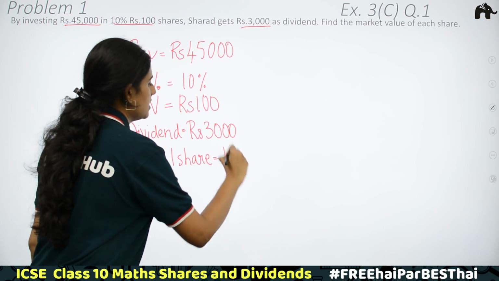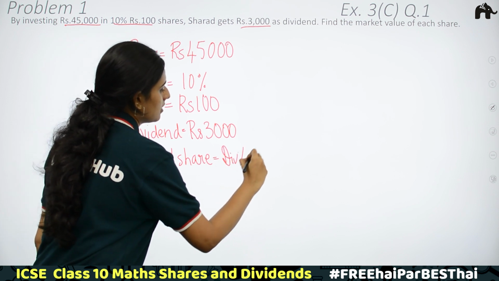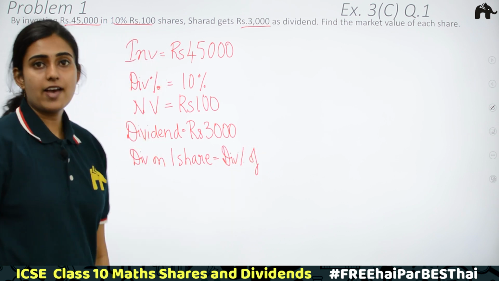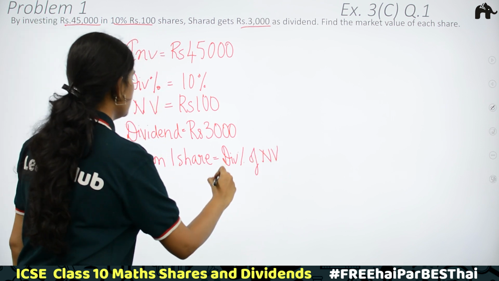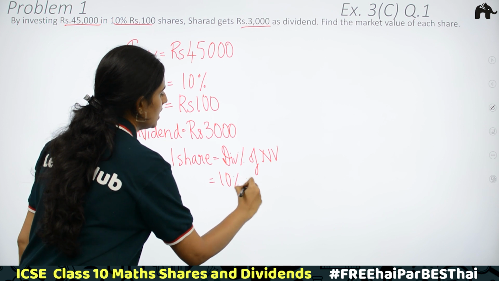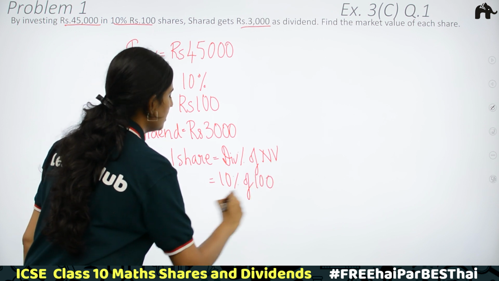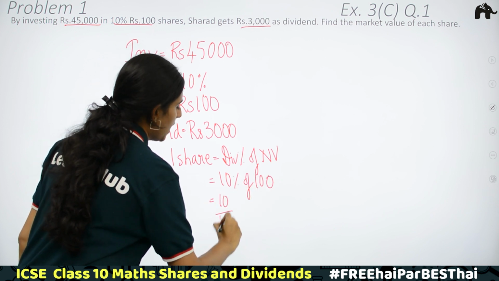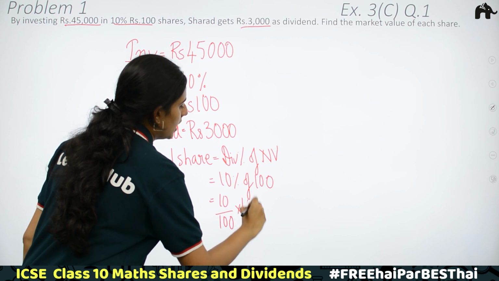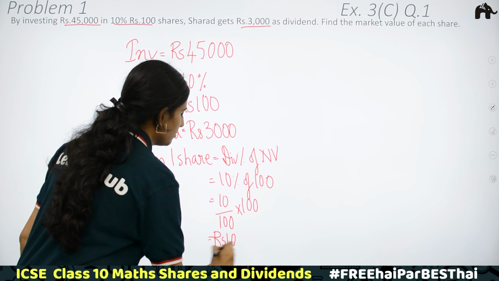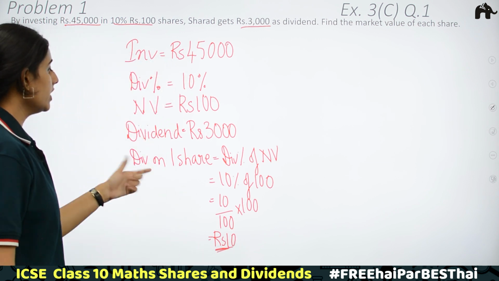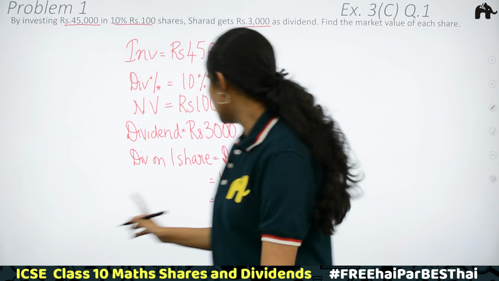Dividend percentage times nominal value of one share. That is 10% of 100, equal to 10 by 100 into 100. That is rupees 10. We got the dividend on one share is equal to rupees 10.